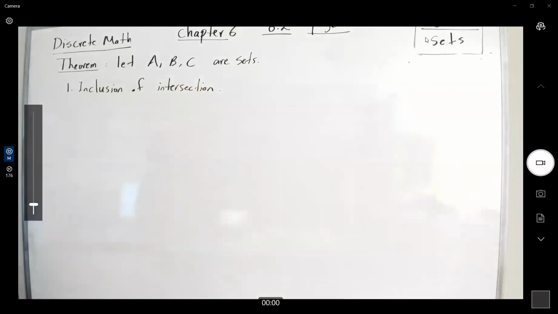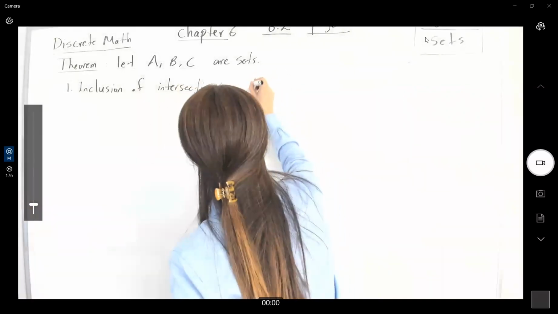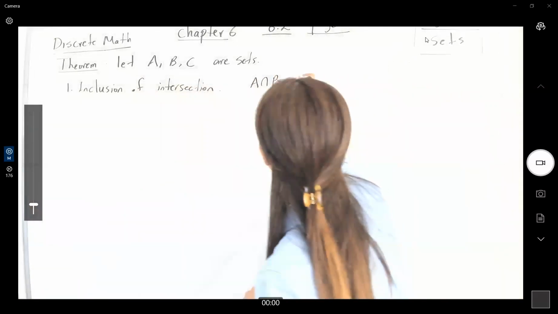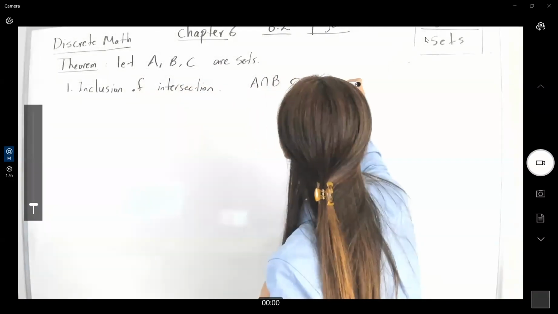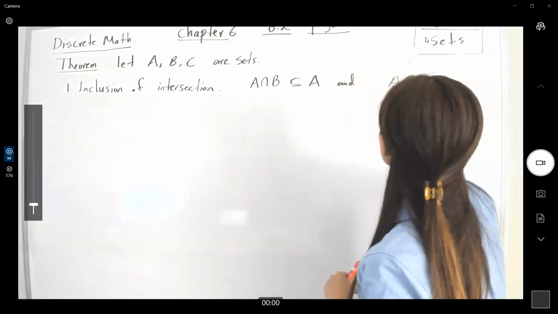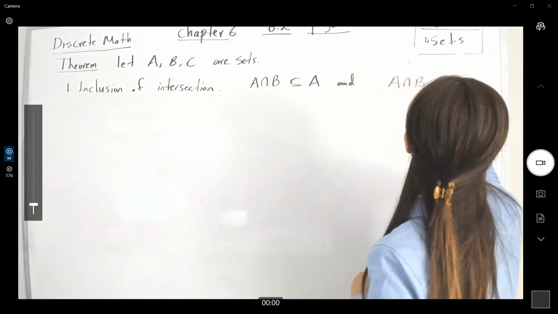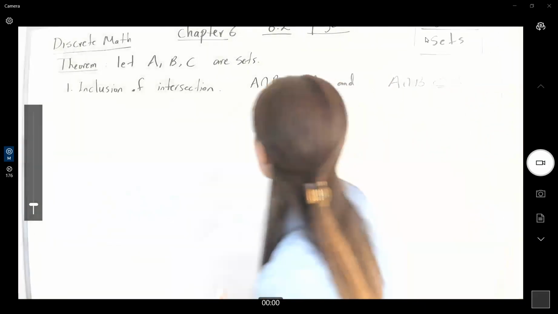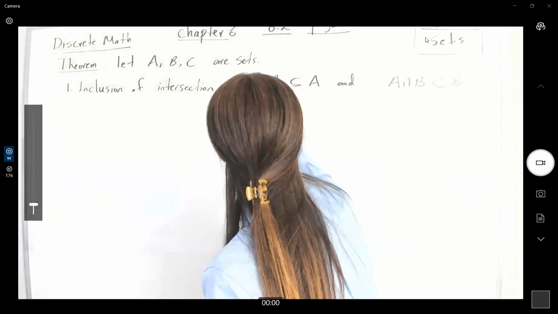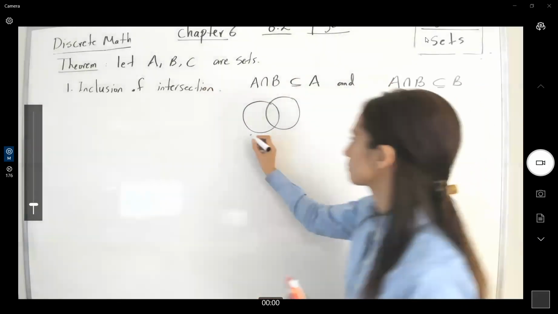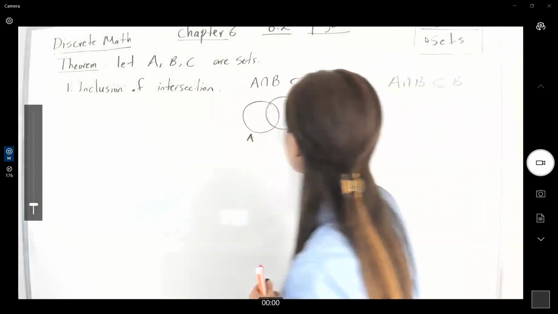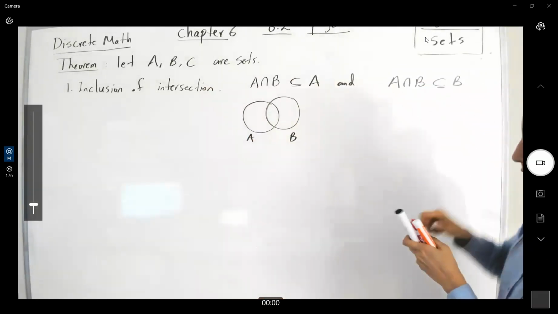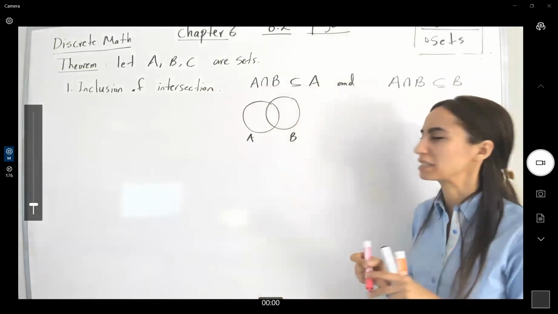It tells us A intersection B is a subset of A, and also it is a subset of B. So it says, if you have 2 sets, like A and B, if you take their intersection, that intersection is a subset of the first set and also a subset of the second set.